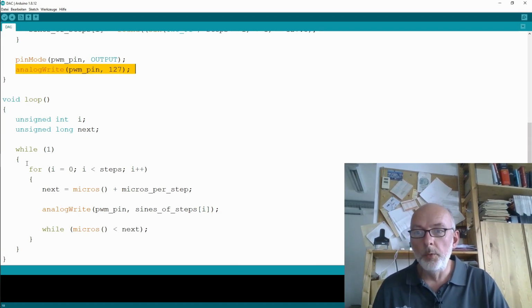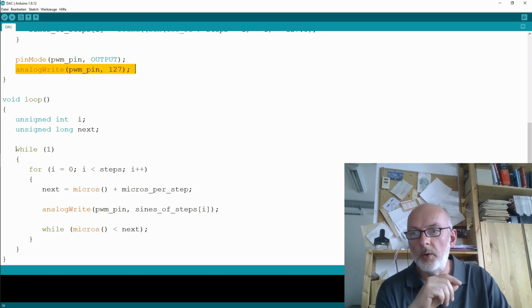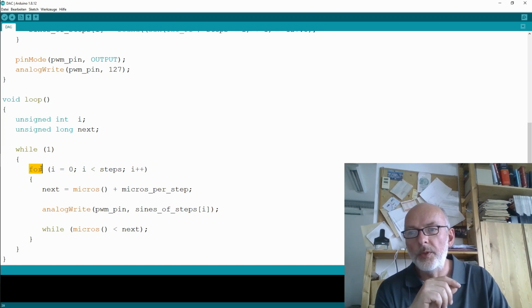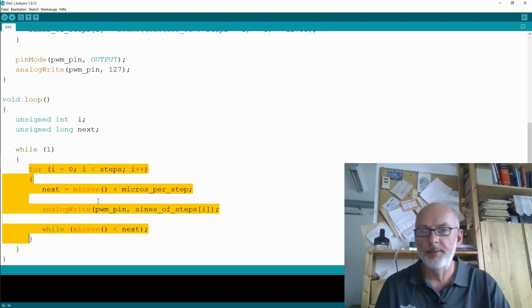Anyway, the loop itself is quite simple. So forever, I go through the steps in which I have digitized my sine wave.